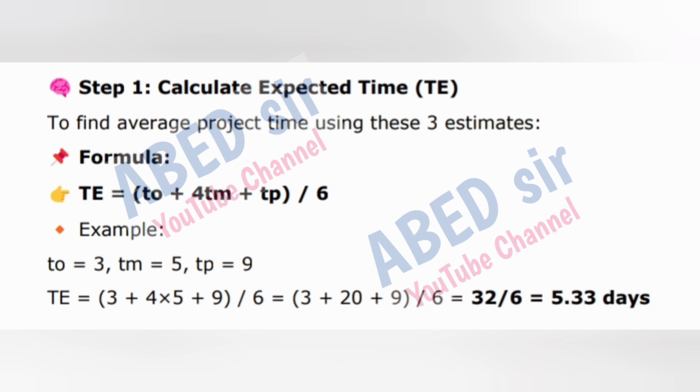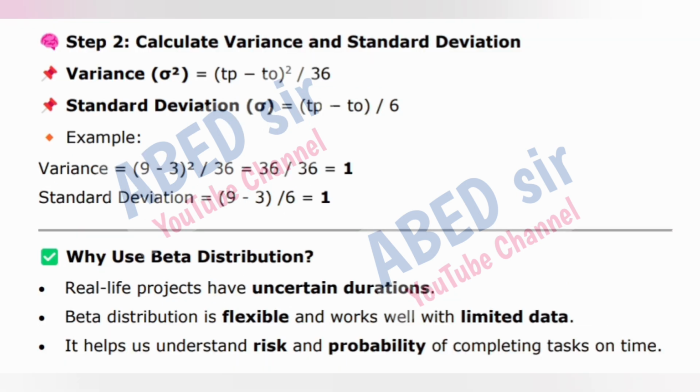TE is equal to (3 plus 4 times 5 plus 9) divided by 6, which is equal to (3 plus 20 plus 9) divided by 6, which is equal to 32 divided by 6, which is equal to 5.33 days. Step 2. Calculate variance and standard deviation. Variance, sigma squared, is equal to ((TP minus TO) divided by 6) squared.